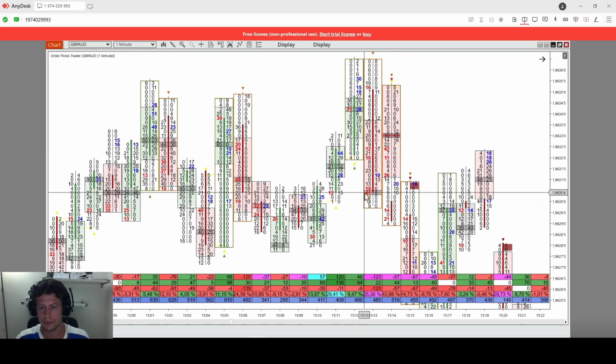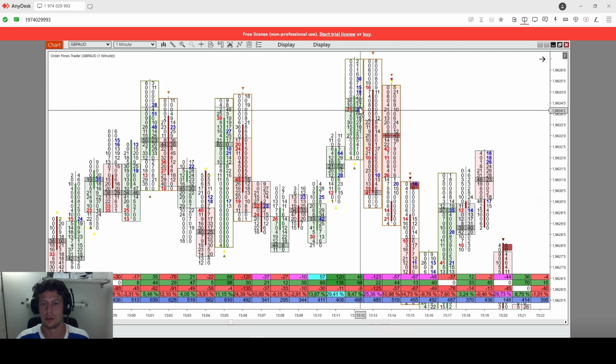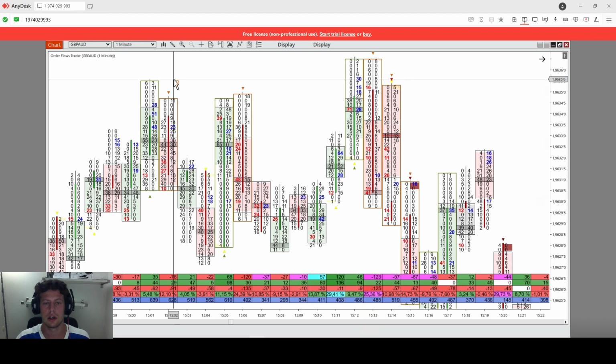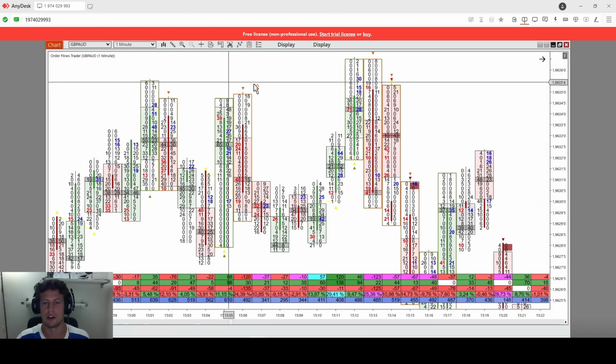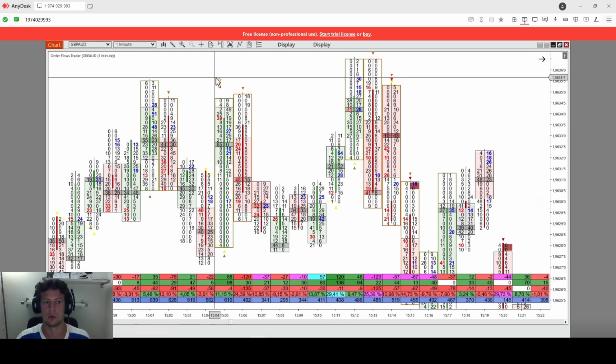Next candle printed these exhaustion prints. No one wants to buy anymore. Buyers don't have the strength. Also, we can see that there were stop losses above here, and this is a liquidity grab. It could be liquidity, but mostly it's a liquidity grab.